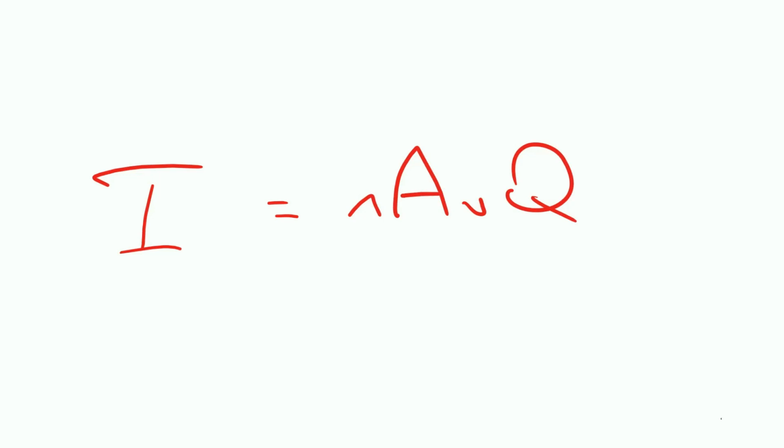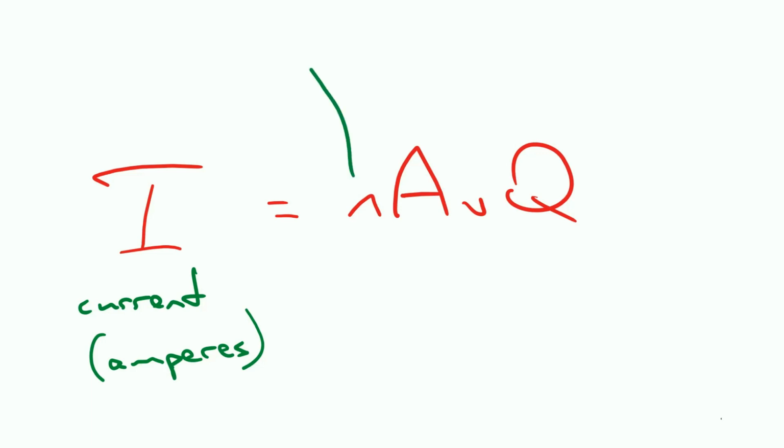I is the current. Now, current is measured in amperes, or amps. N is the number of electrons.